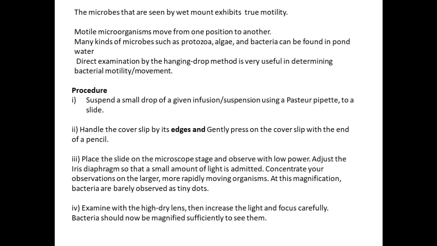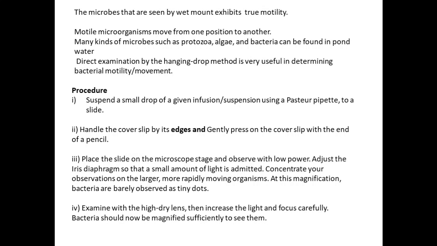Then we place the entire slide on the microscopic stage and observe it under low power. We adjust the source of illumination, mainly through the iris diaphragm, so that a small amount of light is admitted and then we can observe the microorganisms clearly.